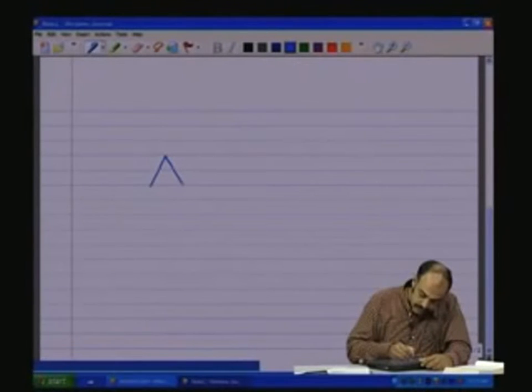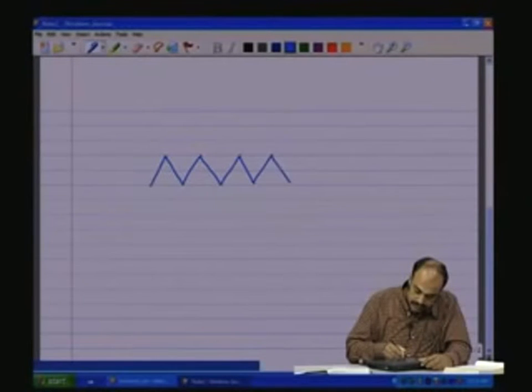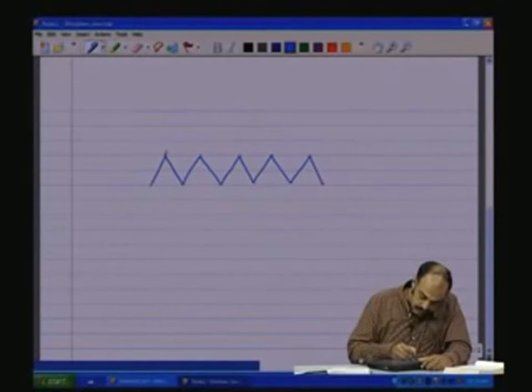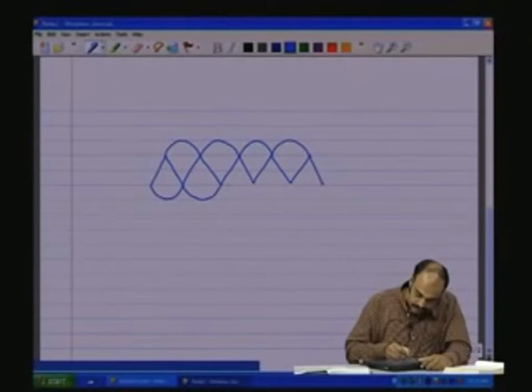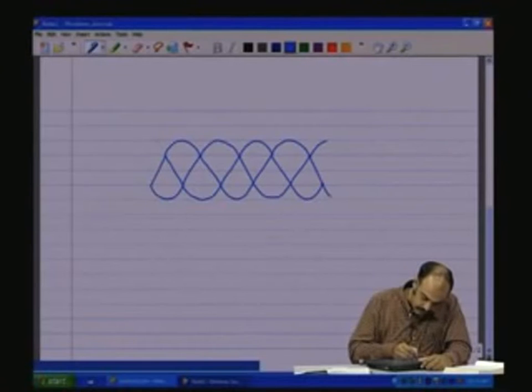Let us say you just make a set of up and down triangle waveforms like this, and then you connect the tops by curves like this, and then the bottom portions of the triangles are also connected in this manner neatly and smoothly, and that will result in a nice neat waveform.